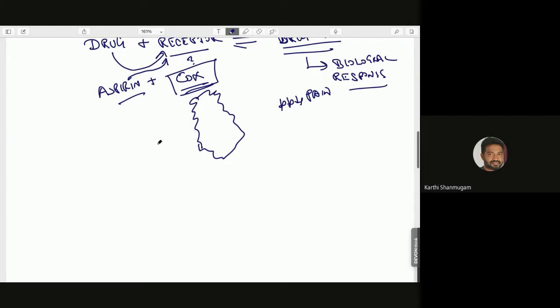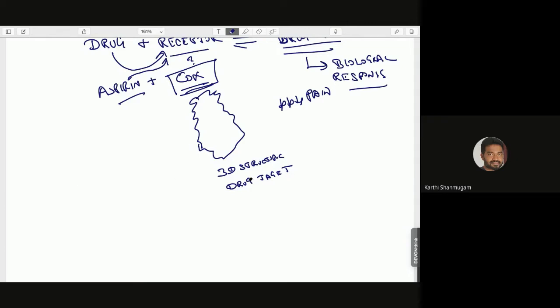So we can say that if we want to proceed with structure based drug design, we should definitely know the 3D structure of the drug target. Without knowing the 3D structure of the drug target, we cannot proceed with structure based drug design. It is mandatory to know the 3D structure of the drug target, and the starting point of structure based drug designing is the 3D structure of the drug target.